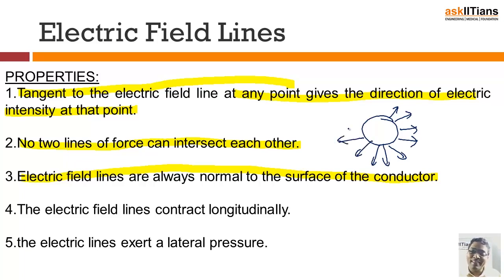It may not look like it's going perpendicular, because the surface itself looks kind of crooked, but the electric field lines are always going to be normal to this particular surface. They are not going to be tangential, mind you. The electric field lines contract longitudinally. The electric field lines exert a lateral pressure, in the outward direction. So these are the properties of the electric field lines.